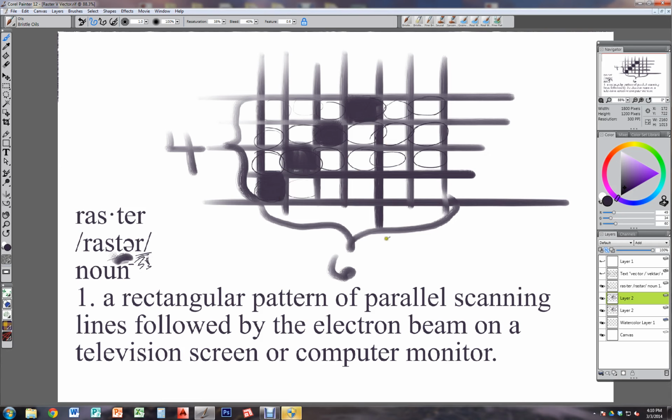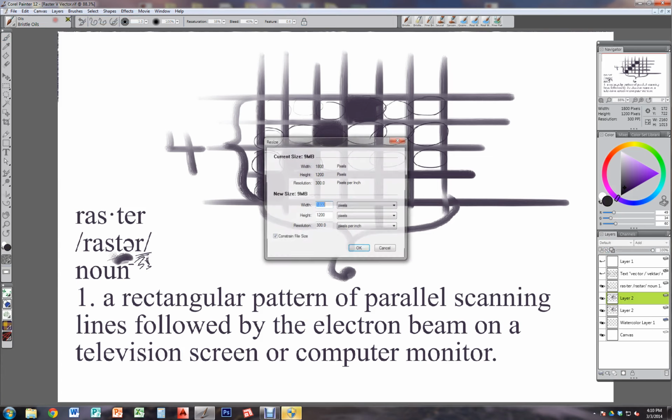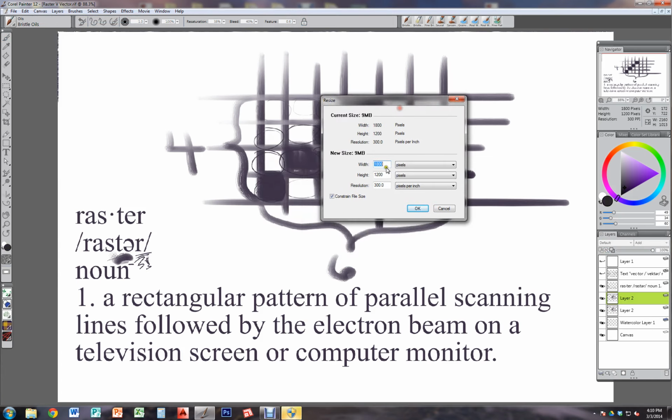You get the picture. So it will do that for every rasterized picture in existence. So for this file, it's 9 megabytes large, because it's 1800 pixels wide and 1200 pixels high.